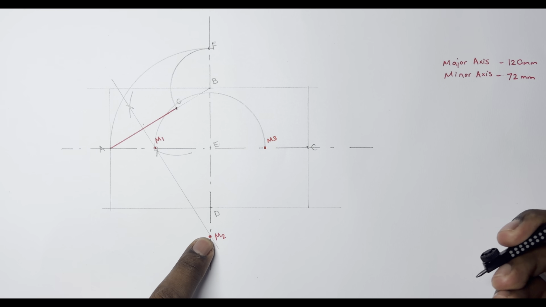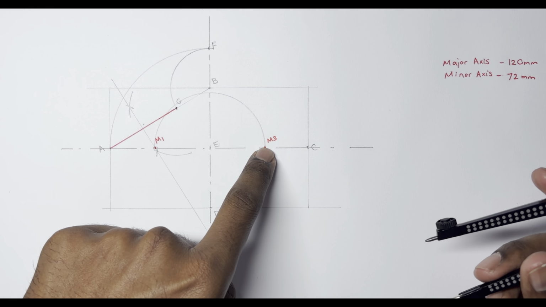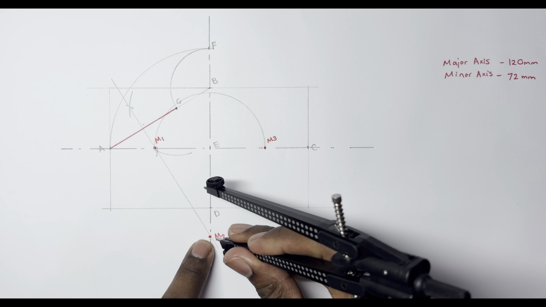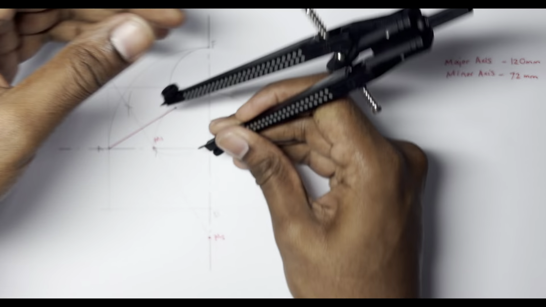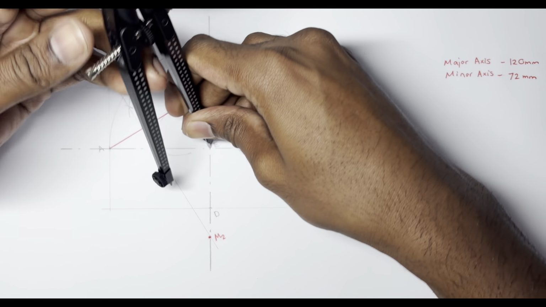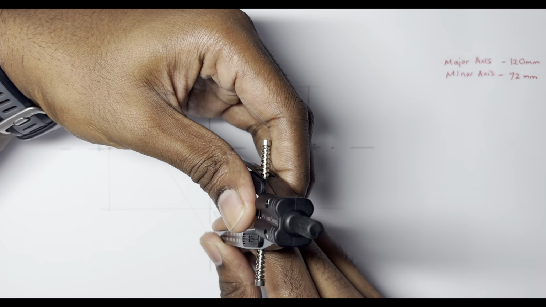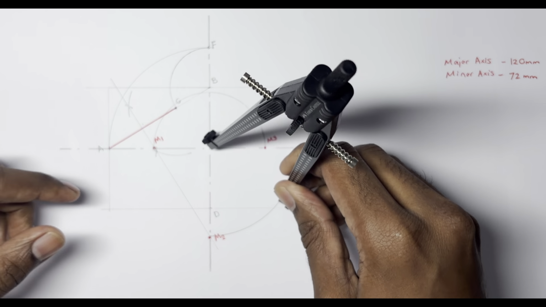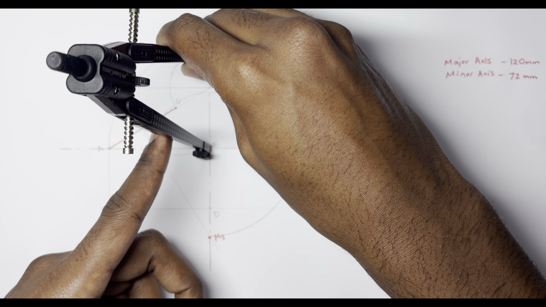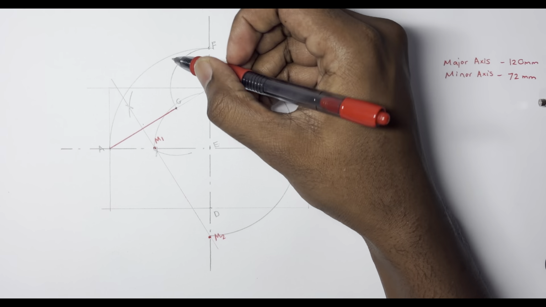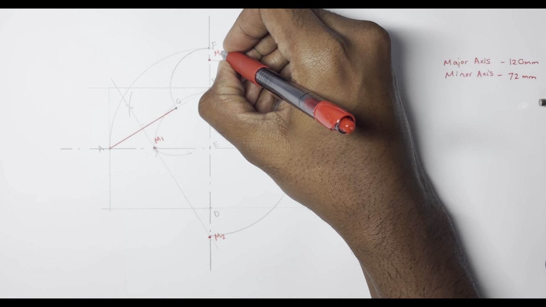Now transfer M2 to the top the same way you transferred M1 to make M3. Transfer this to make M4. So place your compass on the center at E, measure to M2, scribe an arc until you get to the top, make a dot, call it M4.